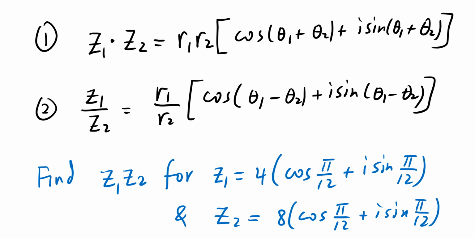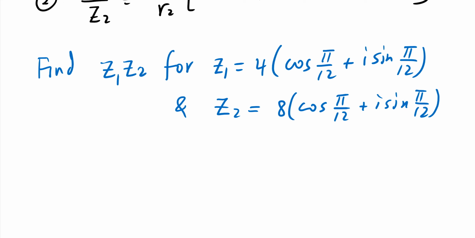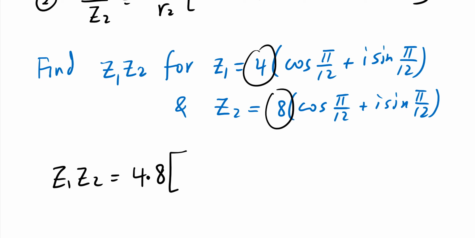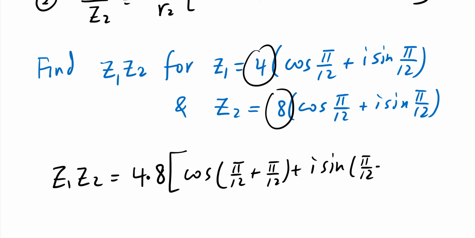Notice theta 1 and theta 2 are the same here, but it doesn't always have to be. To find z1 z2, remember we multiply the r's, 4 times 8, and then add the angles: cosine of pi over 12 plus pi over 12, plus i sine of pi over 12 plus pi over 12.